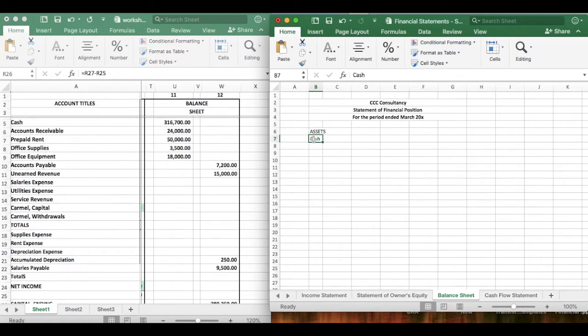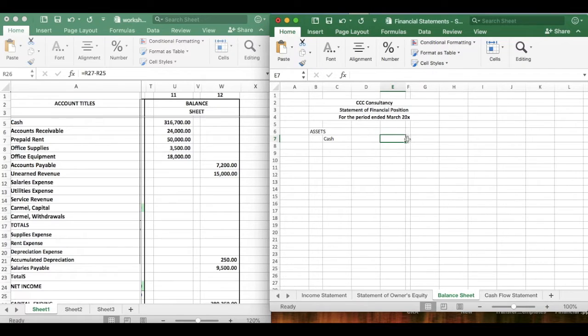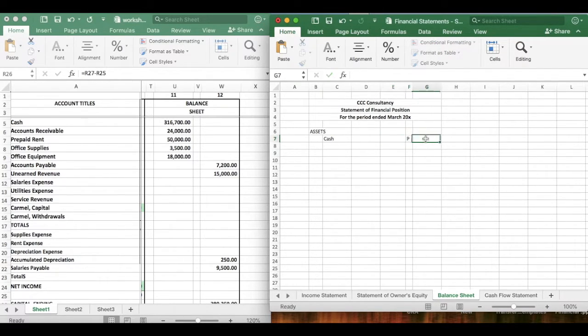So I'll just indent this so it looks better. Okay, cash. So what is your total cash? The amount is, okay, cash is, just copy 316,700.